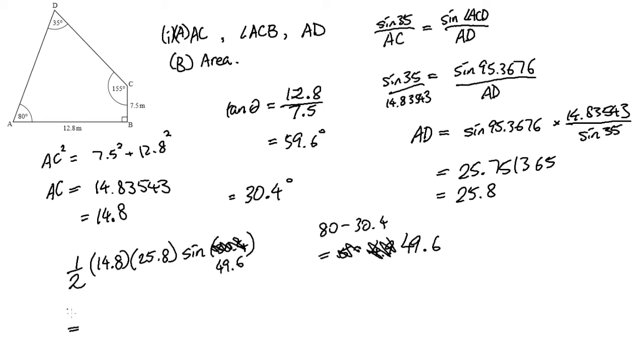And now I will just redo my typing. I'll just use the rounded down version of the value for angles to save me some time.